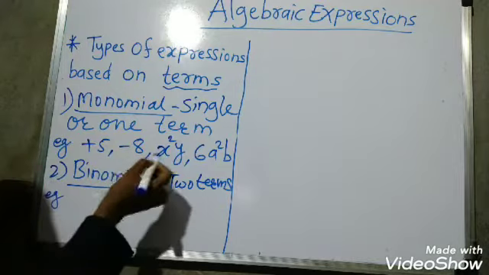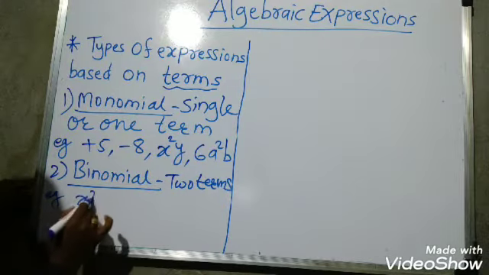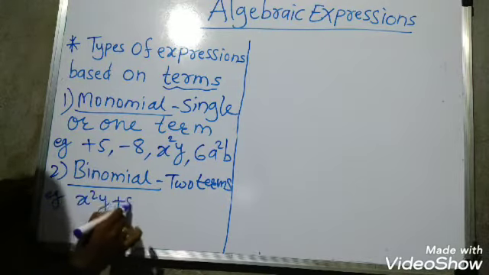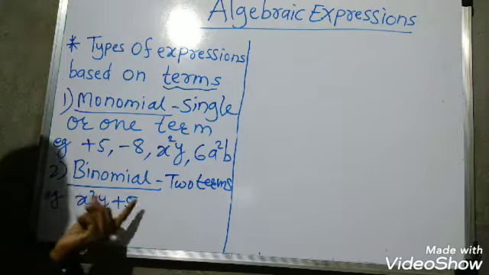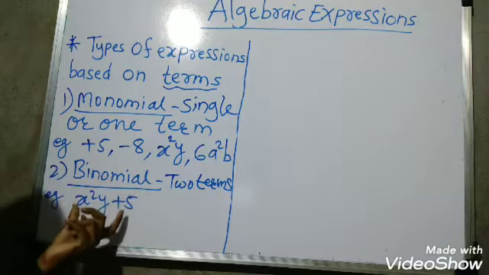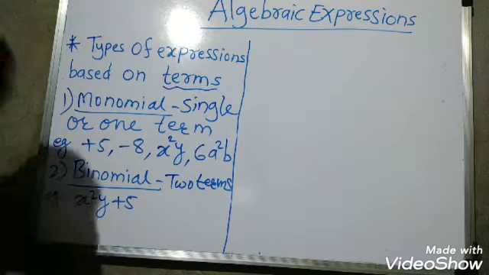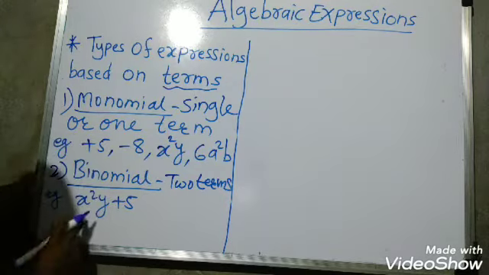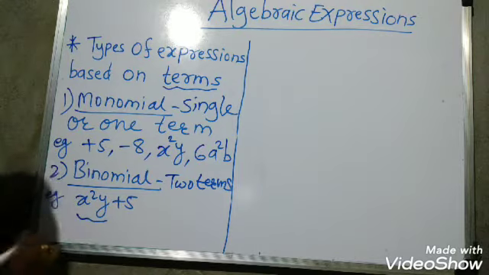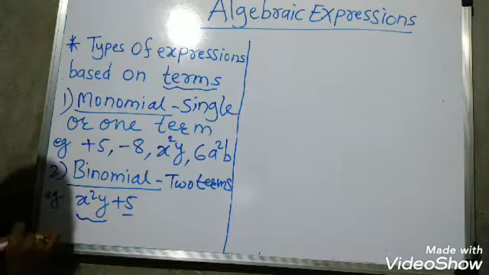See, if I write x square y plus 5, this is a binomial, made by two terms coming together. Here x square y is the first term and 5 is the second term.